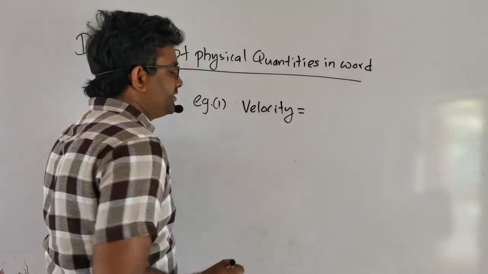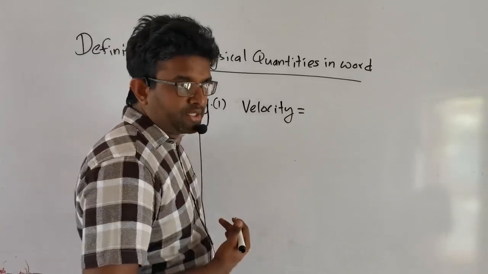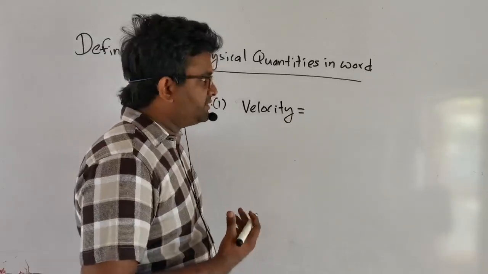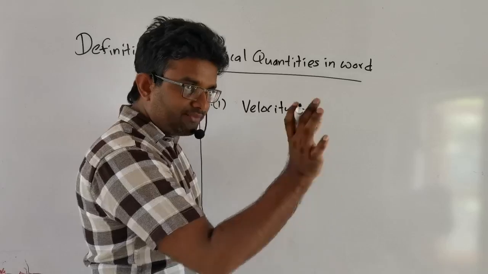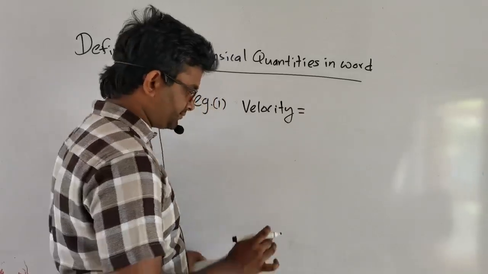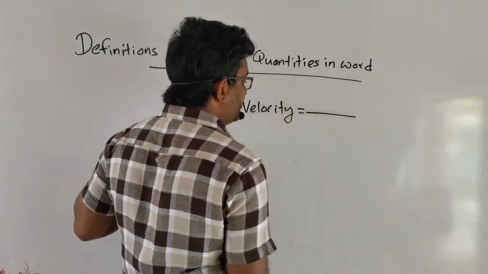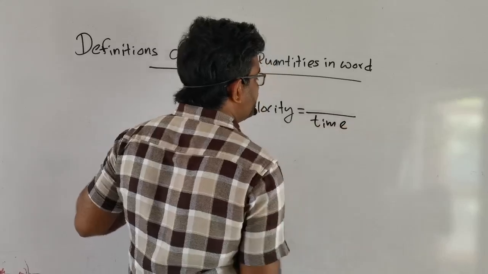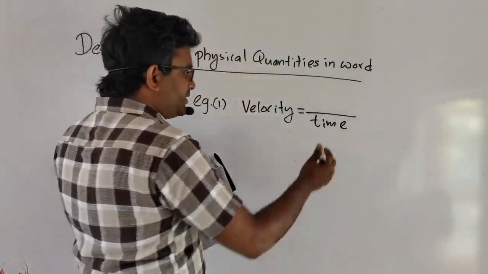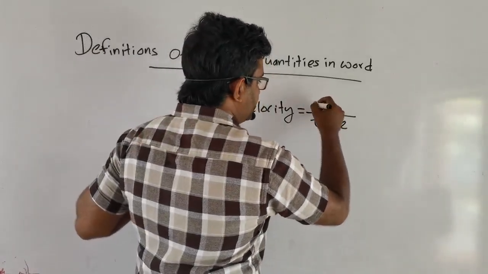And here it is given that per unit time. That means we have that per unit, that word in front of that physical quantity. Therefore, we write that in denominator, right? Time we write in denominator, displacement is in numerator.